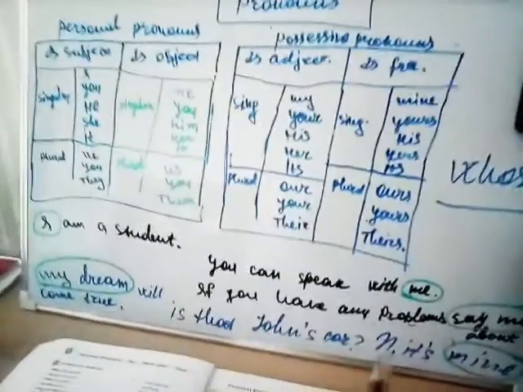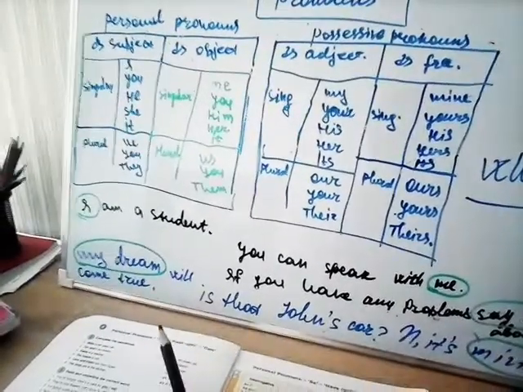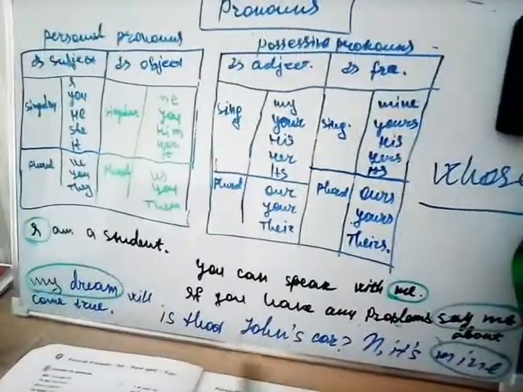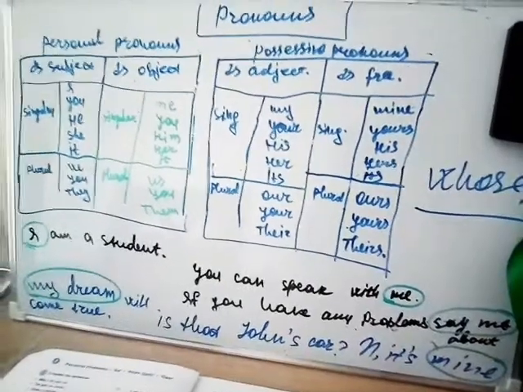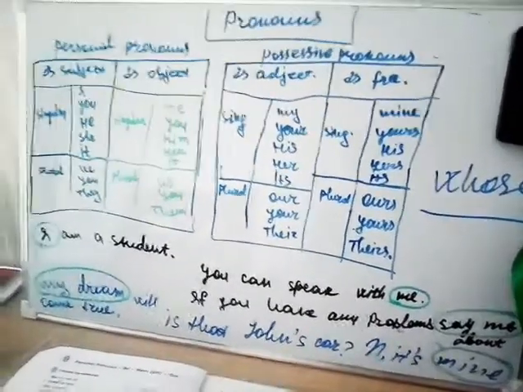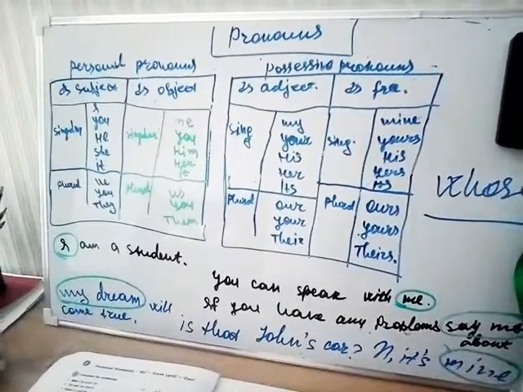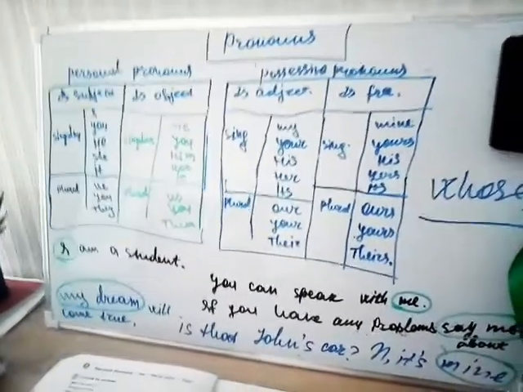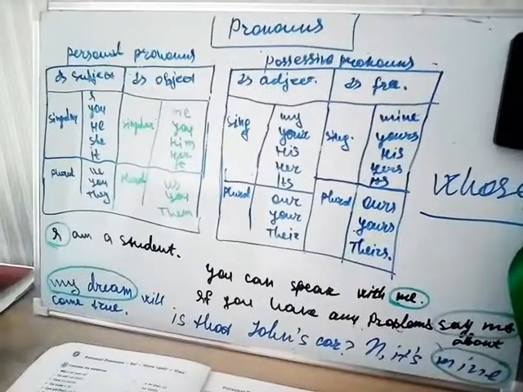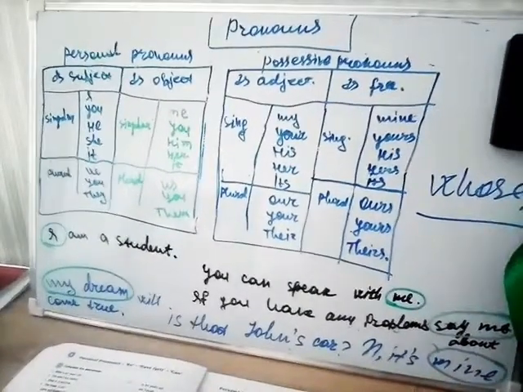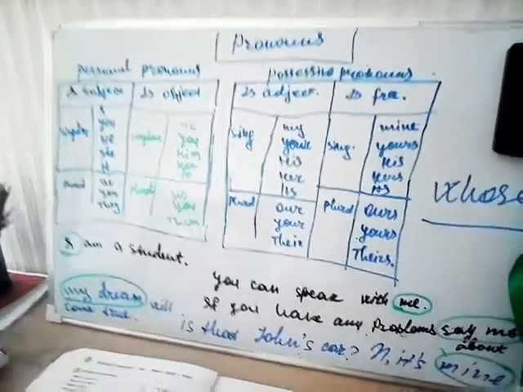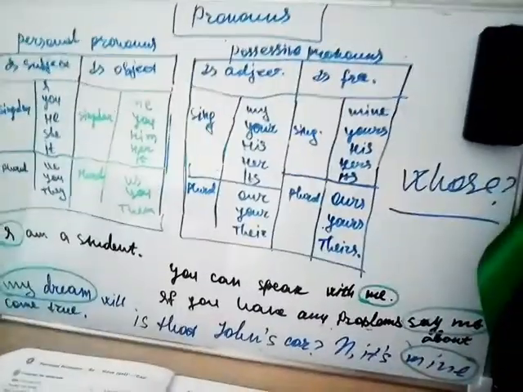But how do we know that they are object pronouns? If we see these pronouns in sentences after a verb, and after prepositions, it means they are object pronouns.